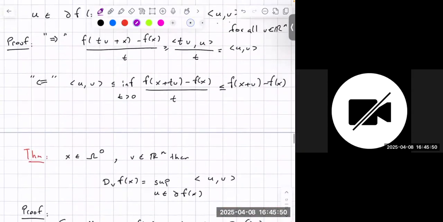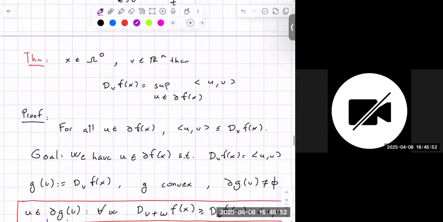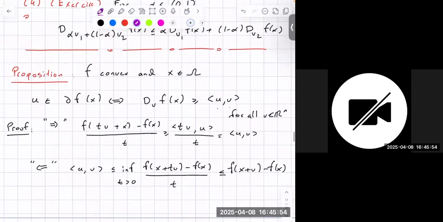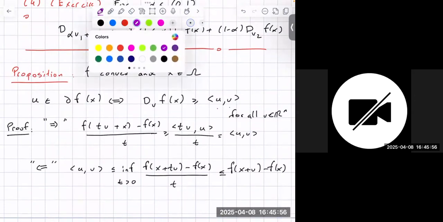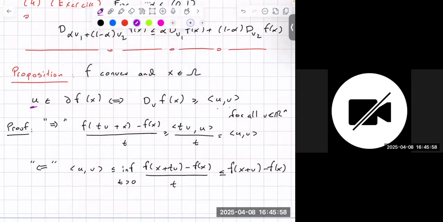We can say even more than that. For every subgradient vector u I picked, this number is less than or equal to the directional derivative. Now suppose I try to find the biggest u: I pick a v, look at all the subgradients, and compute this number. Let's see the biggest I could get.